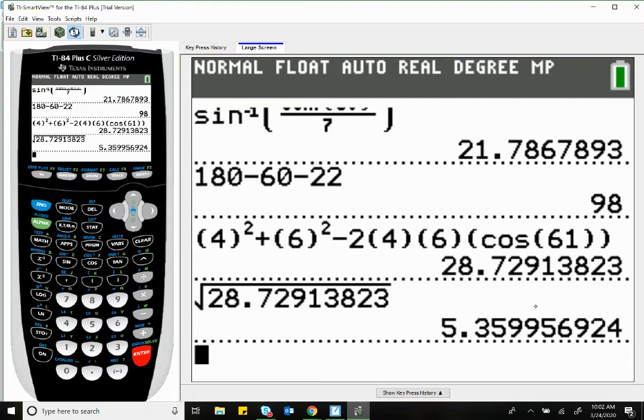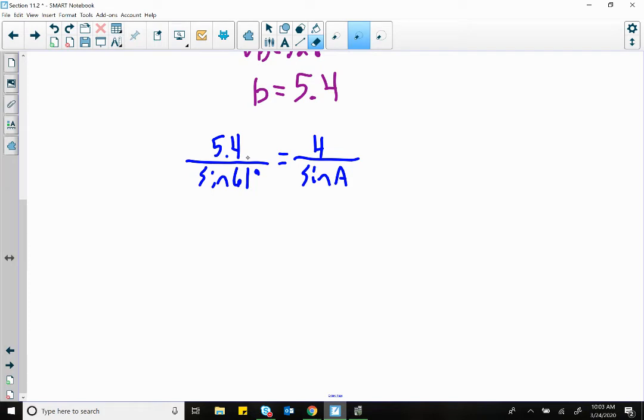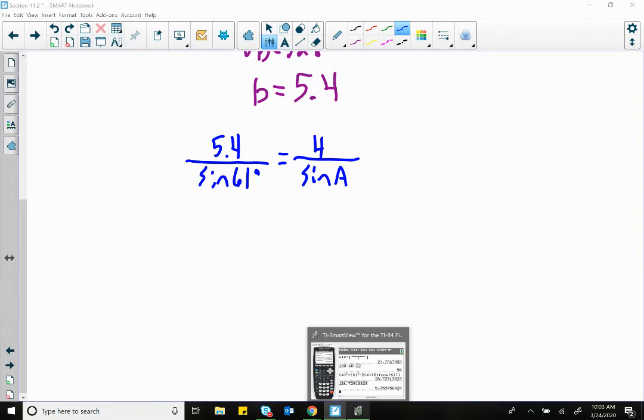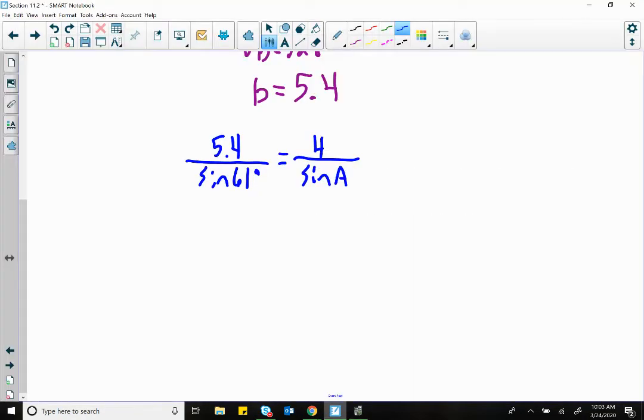So you might want to go back and try using a more accurate answer with more decimals in it for that numerator of the 5.4 and then round it. I don't really like that, but we have no other choice. So if in the end the rounding's off, go back and change this to a more accurate number with lots of decimals from our calculator that we had right there. Just a rule of thumb.